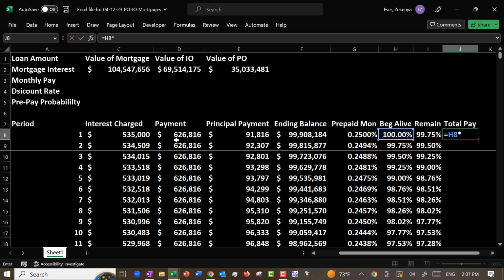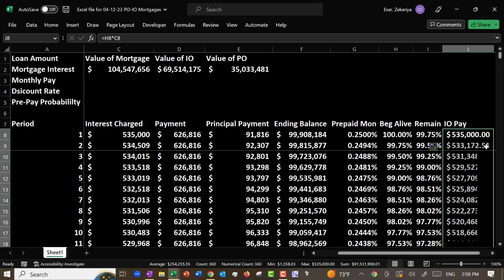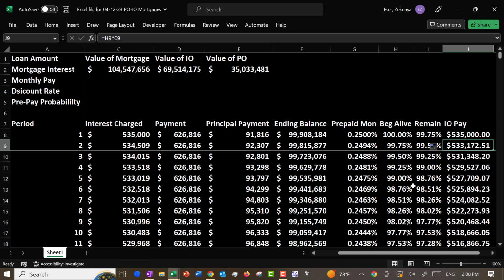No, total. Let's look at the IO pay. Times the interest charged. Think about month 5 here.